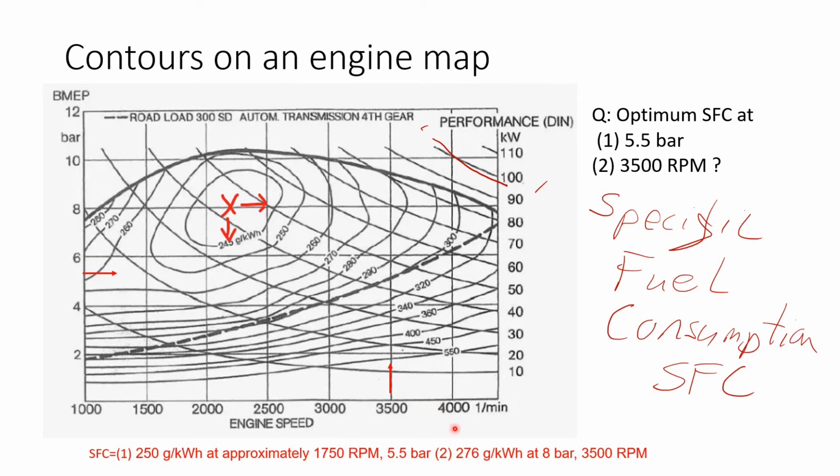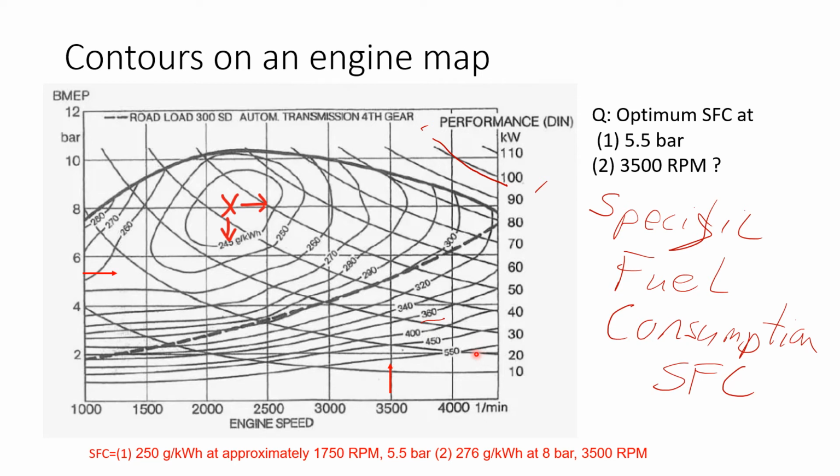So I'm moving very quickly, 4,000 revolutions per minute, about 80 miles per hour, and I have a pressure of 4 bar. You can see that my specific fuel consumption is 360. I'll just circle that. So I use 360 grams of petrol to do a kilowatt hour of work.